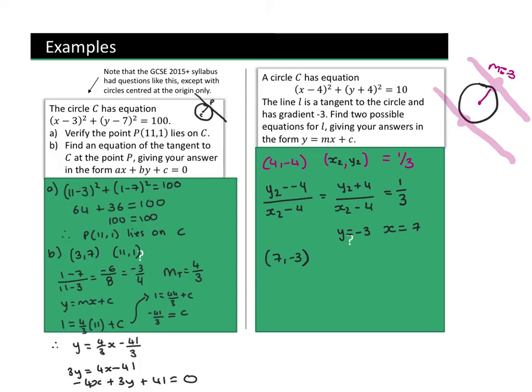Now, how is this going to help us find the other point? How are we going to find the second point? Let's say this point is (7, -3). Okay, it only gives us 1 point, but as we know, we could get 2 points.